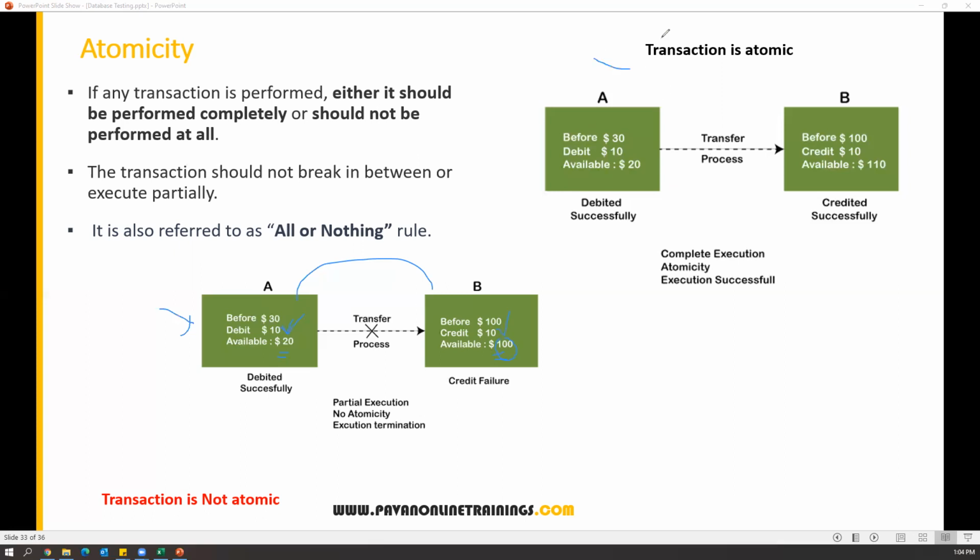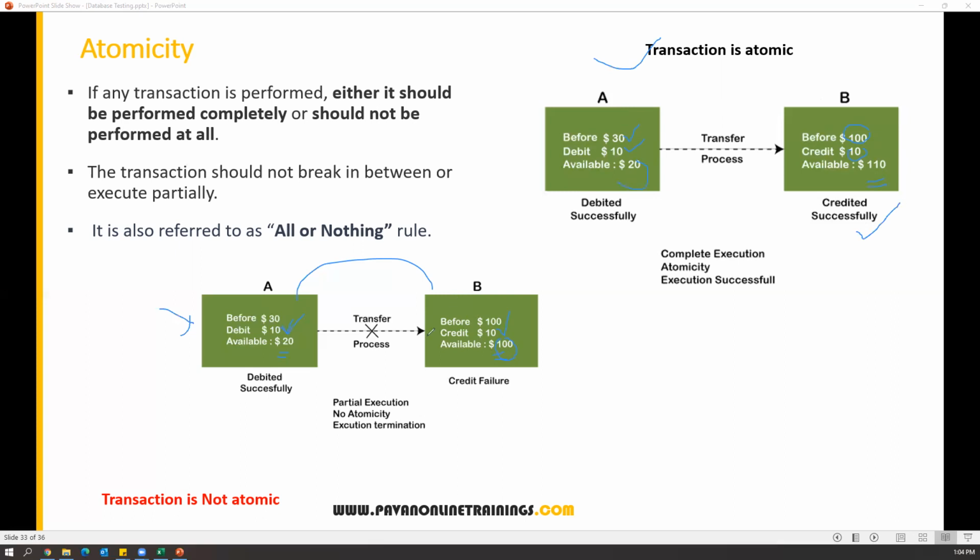Now, if I look at this example, this is called an atomic transaction. Initially $30 is there and $10 is debited and sent to the B account. Now available is $20. Now, when you come to the B account, initially $100 is there. So $10 is credited to the B account from A. Now it becomes $110. So it is credited successfully.